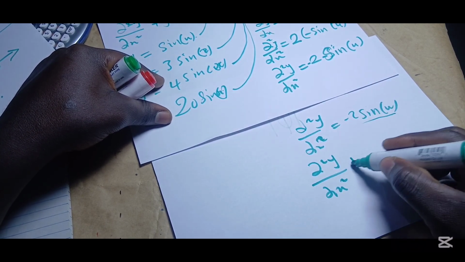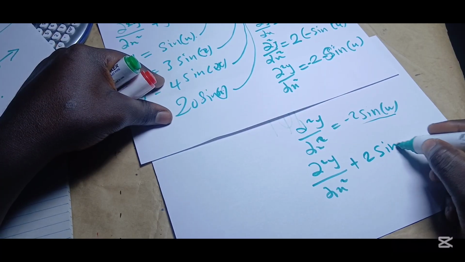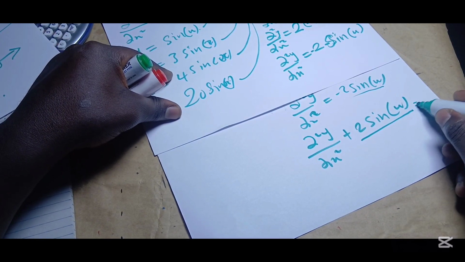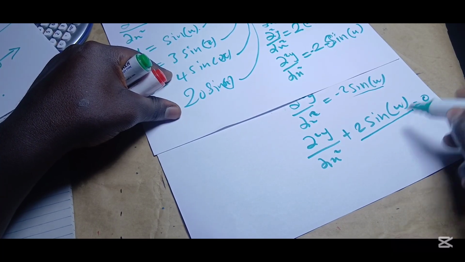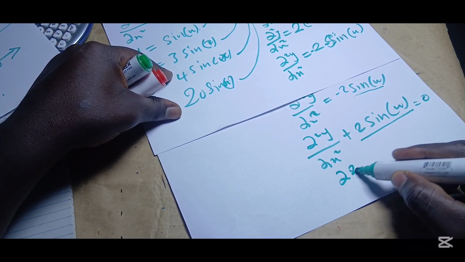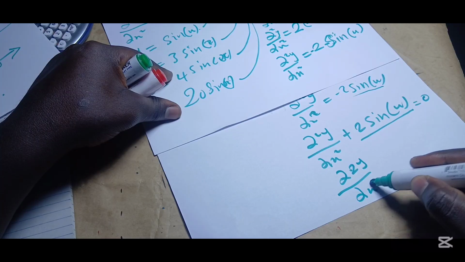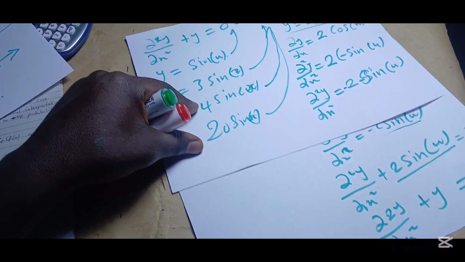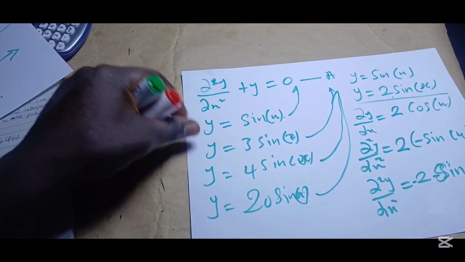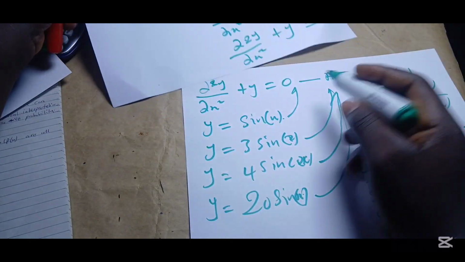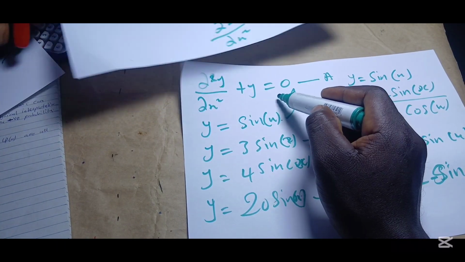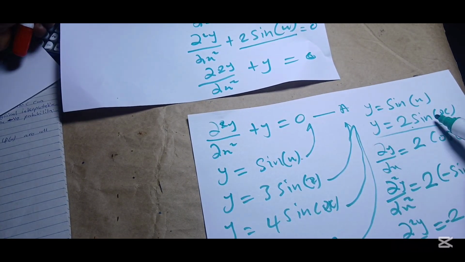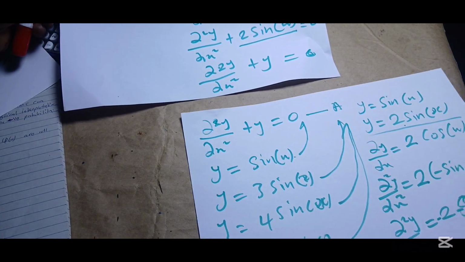We cross this over to become positive 2 sine x. So now we know that this same thing is the same as y. So d squared y over dx squared plus y equals 0. You will see that we are able to trace it back to the original differential equation. You see? So which means that y equals 2 sine x is also part of the solution.